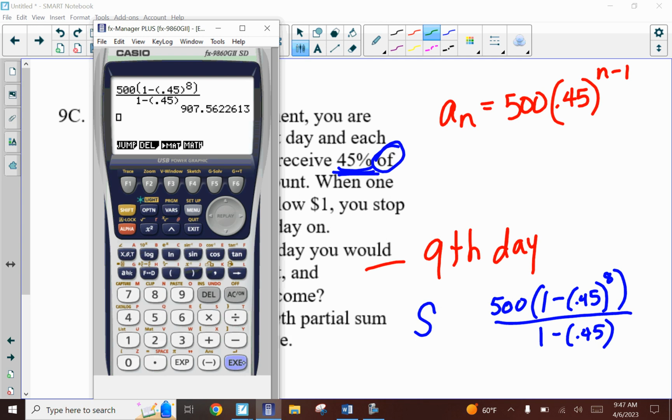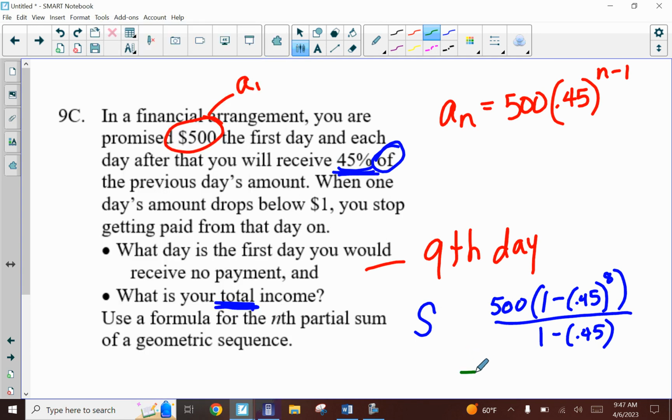And this is how much money we would make. We would make $907.56. And this is money, so I'll put the dollar sign. And we did this for the first 8 days.